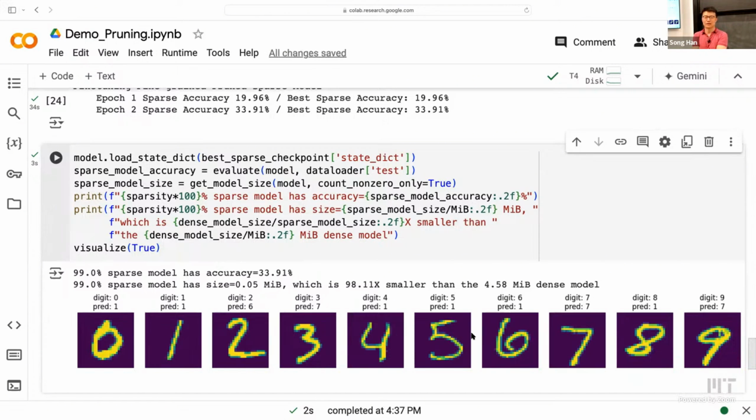99% will not work. As you can see, we played out the entire curve from 70%, 90%, to 99%. Even with retraining, we can recover the accuracy up to 90%. But if you prune too aggressively, like 99%, the accuracy drops very aggressively and cannot even be recovered by retraining.